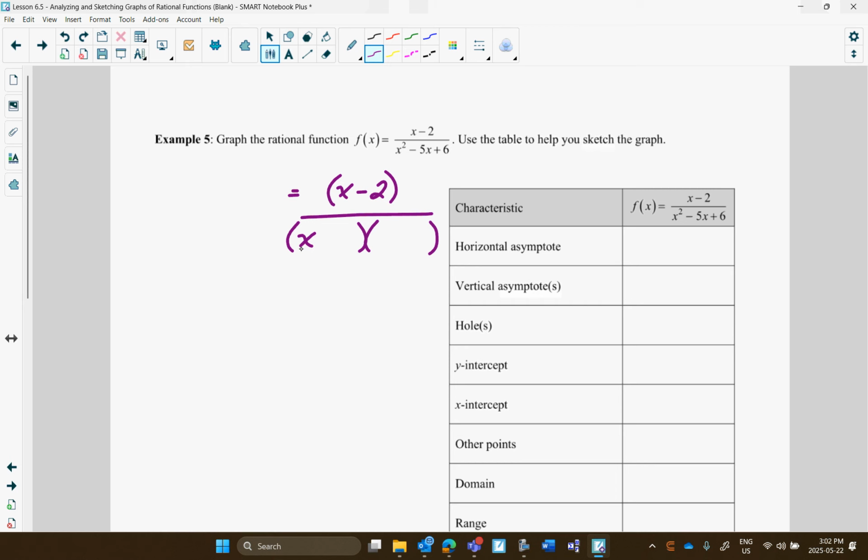X. X minus 2. I'm going to do some canceling, so that's going to create a hole. But there still could be a vertical asymptote. But let's do the horizontal first by looking at the ratio. What's the degree of this? Degree of this? And if this is less than this, 0, y equals 0.